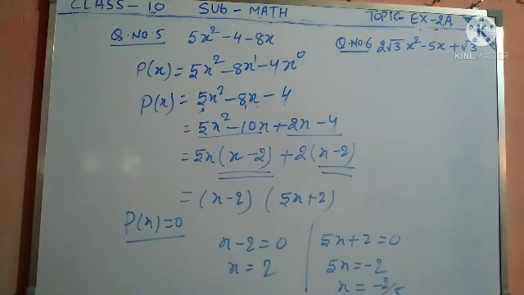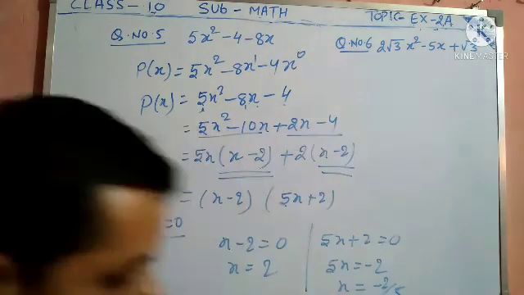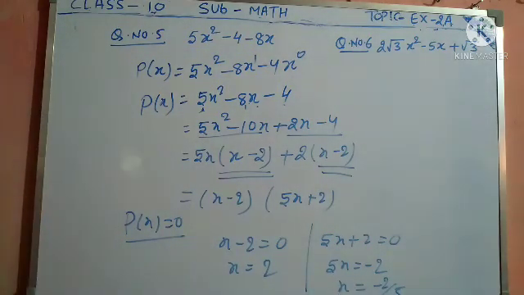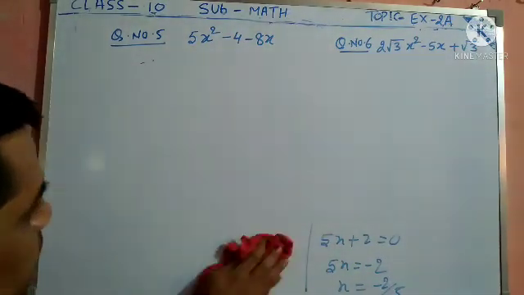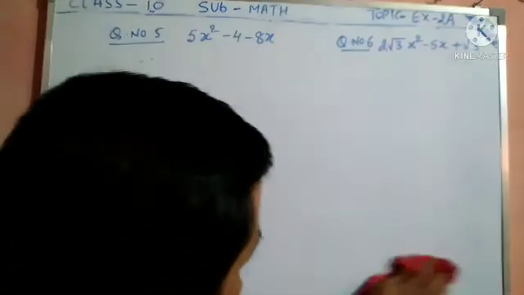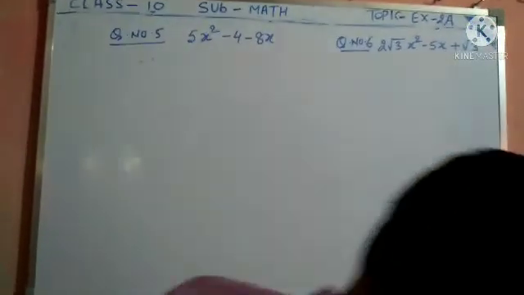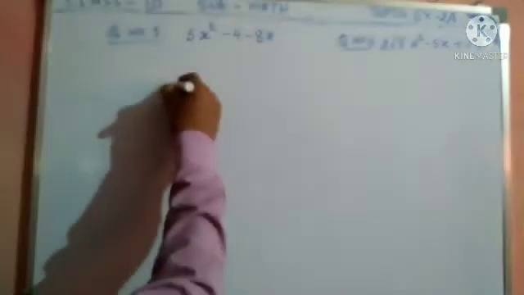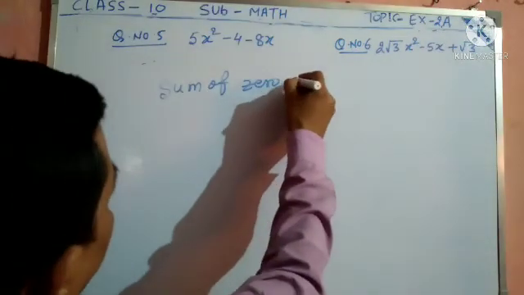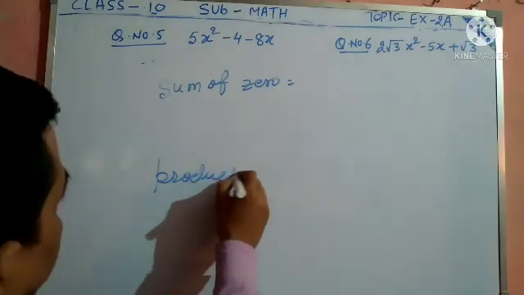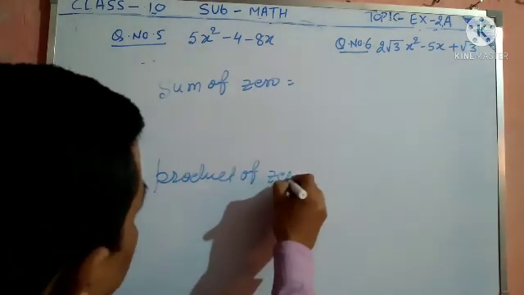Note down this equation. And now we take the proof of this term, that is the sum of zeros and the product of zeros.